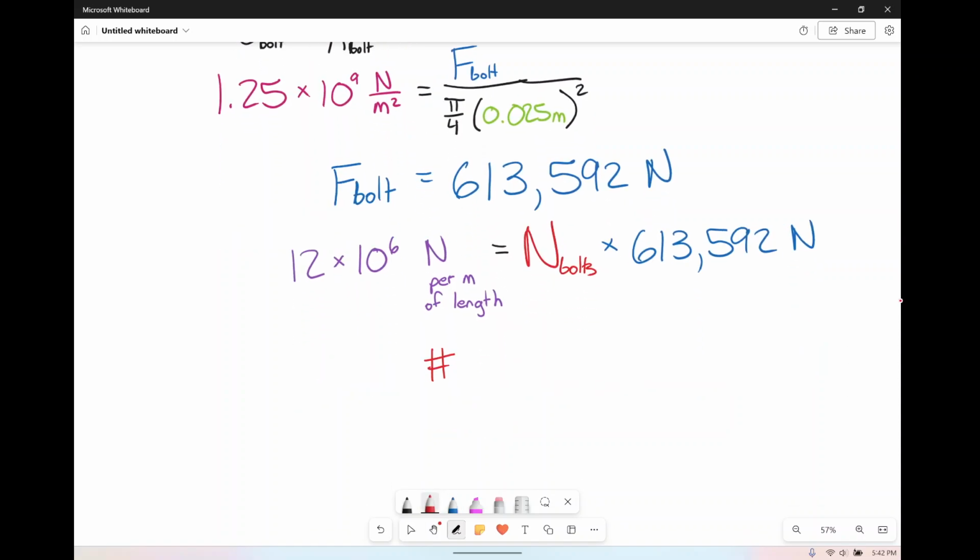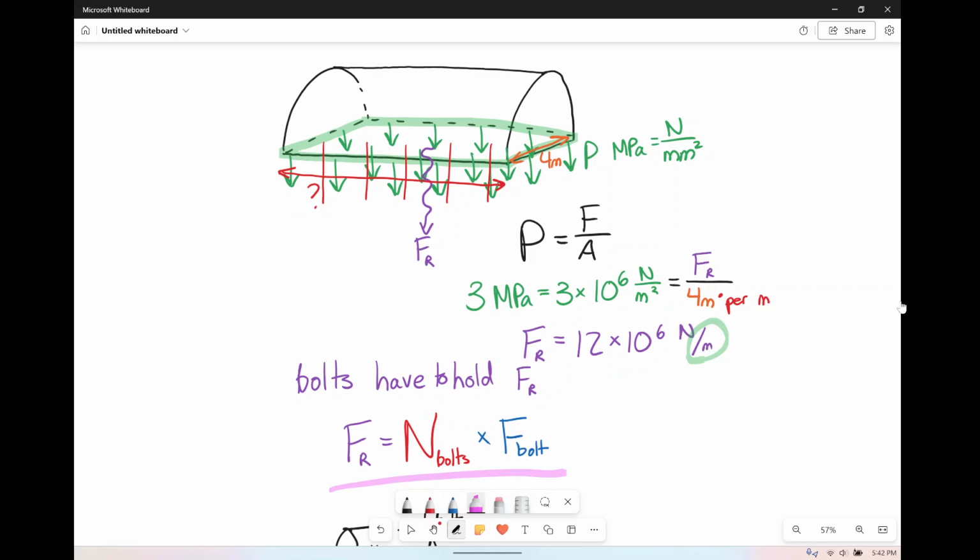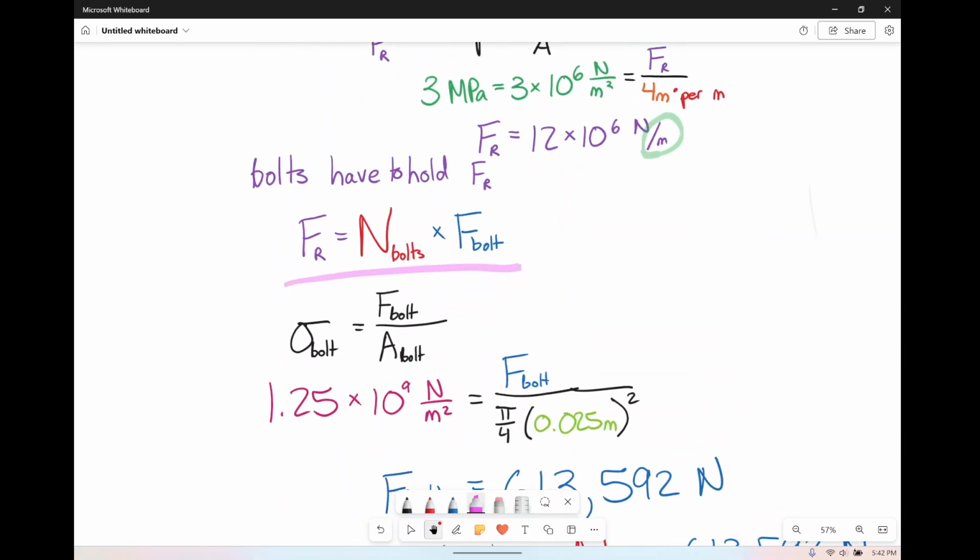So, and this is again in a per meter length, solving for N, the number of bolts that we're going to calculate is equal to 19.56. And again, this is bolts per meter length, right? But technically, when we're looking at this, we're not looking at just one side, we were looking at two sides.